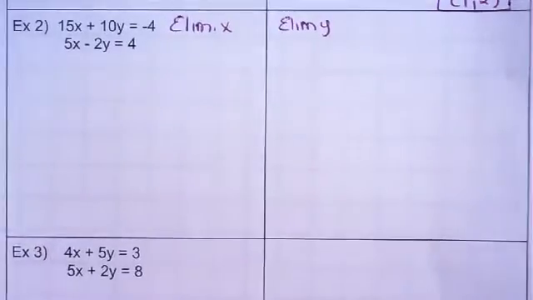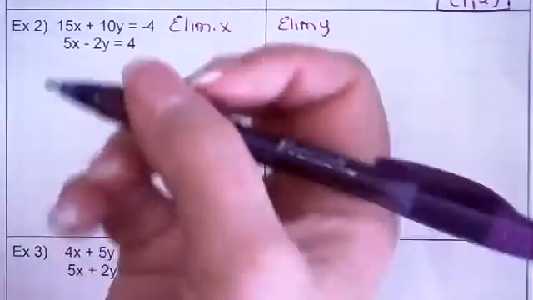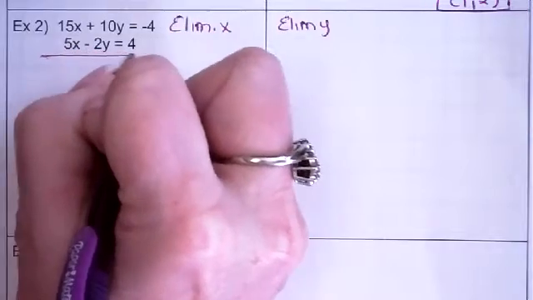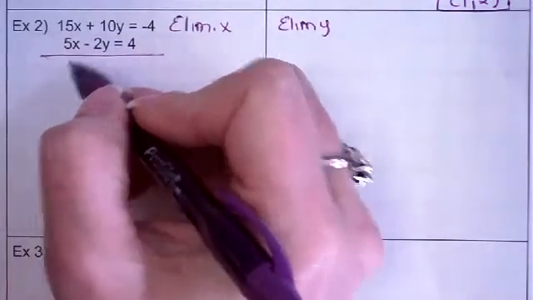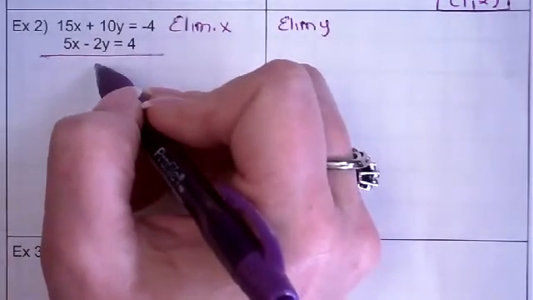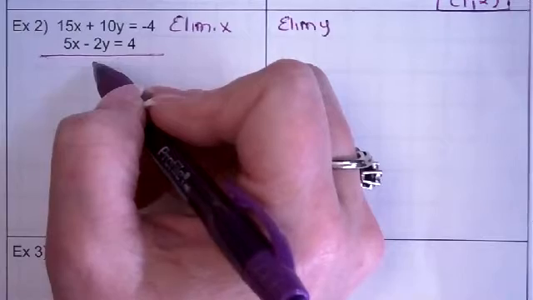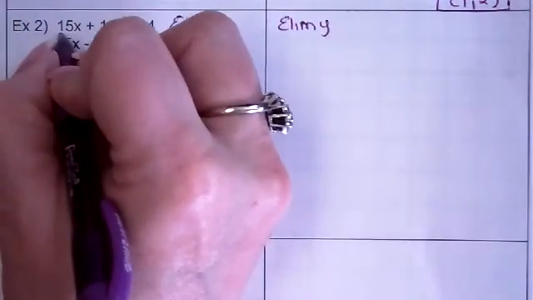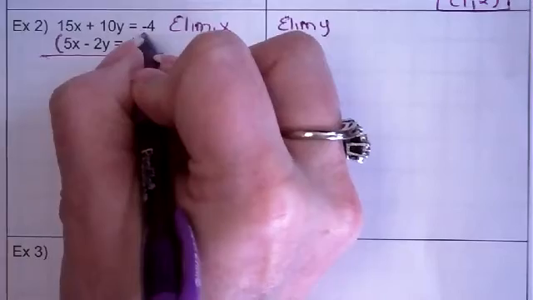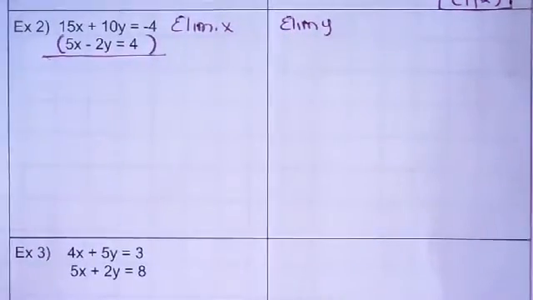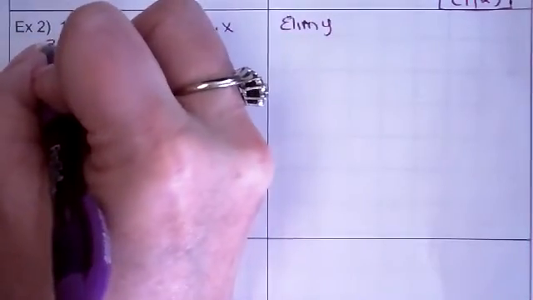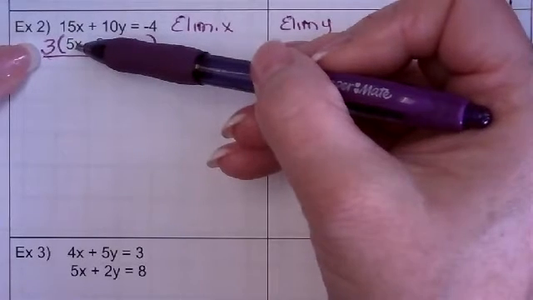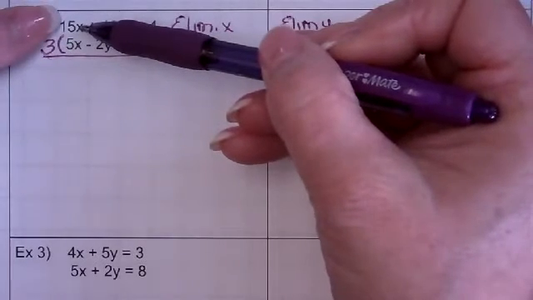Okay, so let's just start looking at what we can do with the x. I know I can't straight combine them because 15 plus 5 is 20, 10 minus 2 is 8, I don't cancel anything out. But what I do notice is I could take the second equation and multiply it by 3, I would have 3 times 5, which is 15, the same as the 15 up here.